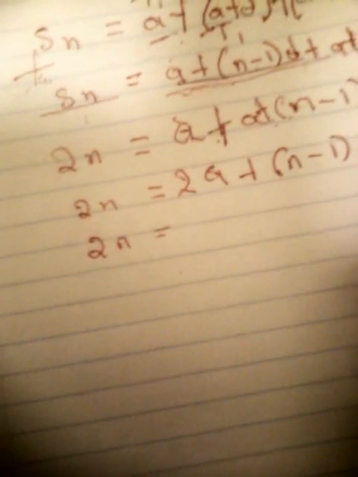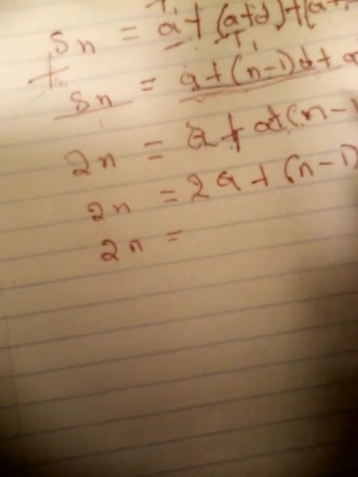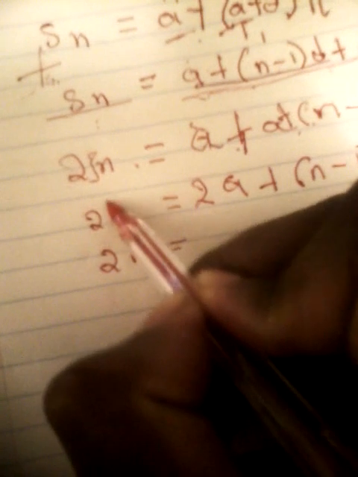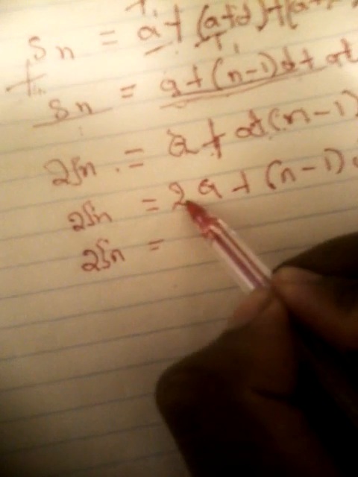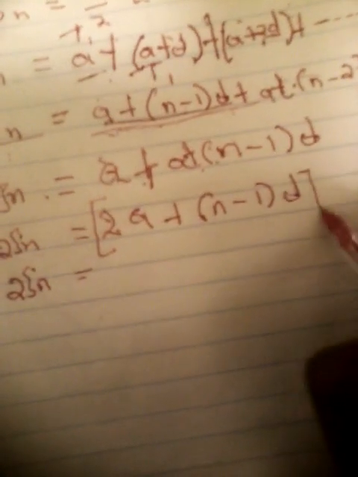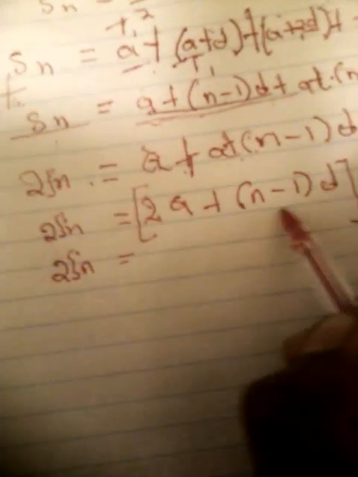Therefore 2n is equal to, not 2n, sum. Therefore divided, you're going to put a bracket here and a bracket here, because this stands for the nth term.